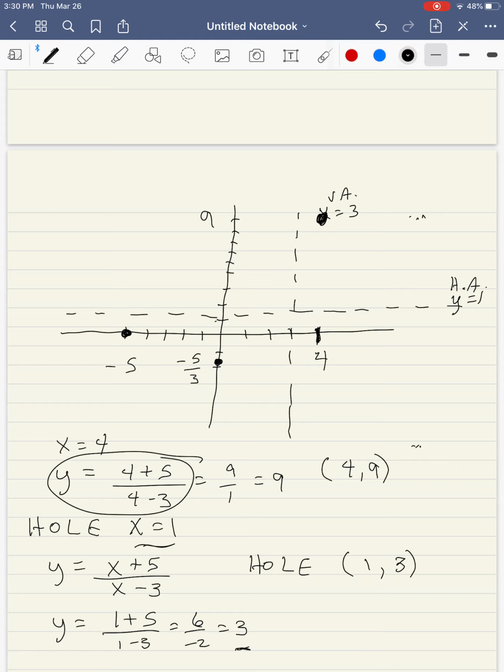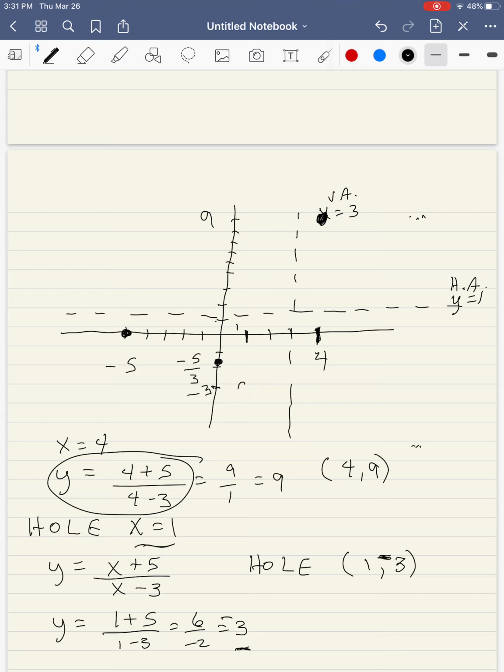Now, if this were the actual graph, that would be a point at -3. That would be a point, an ordered pair at 1, -3. This is 1, this is -3. But that is not a point on my original graph because the function does not exist for that single point only.